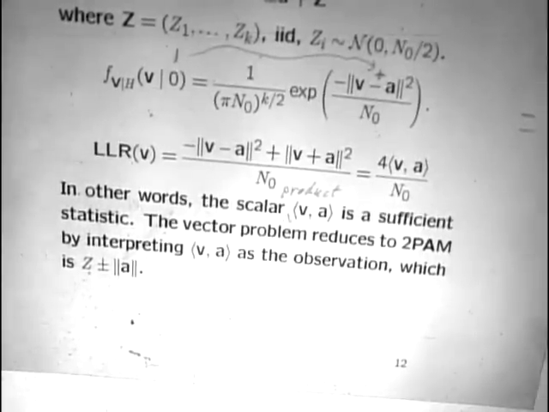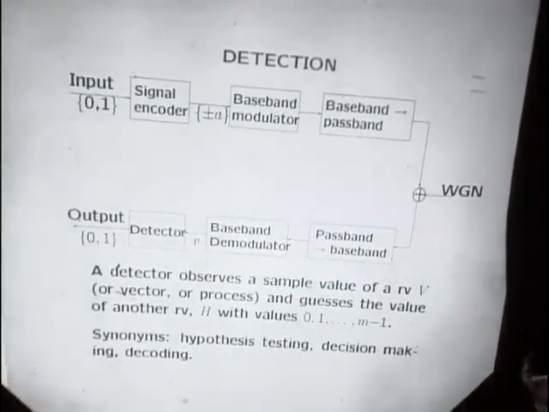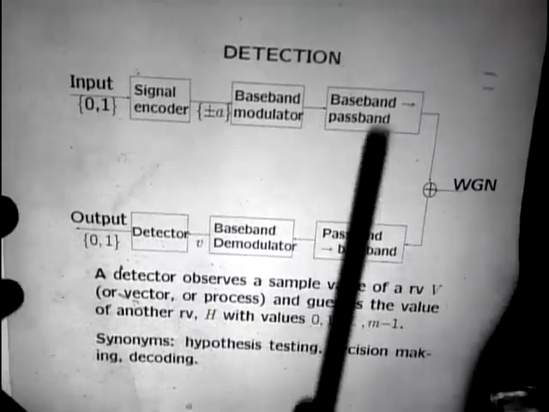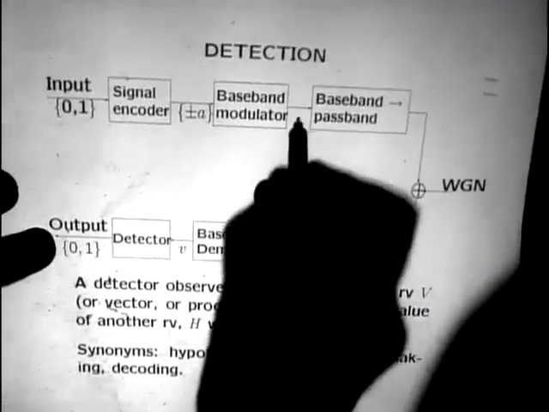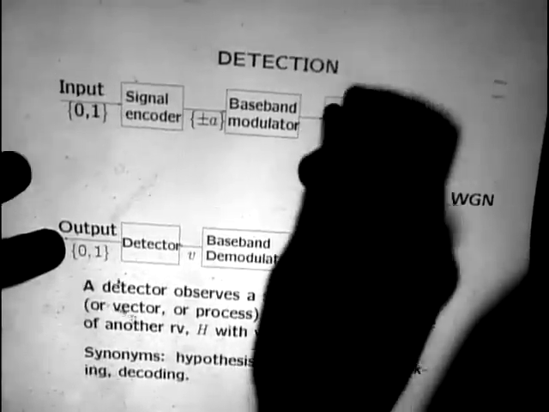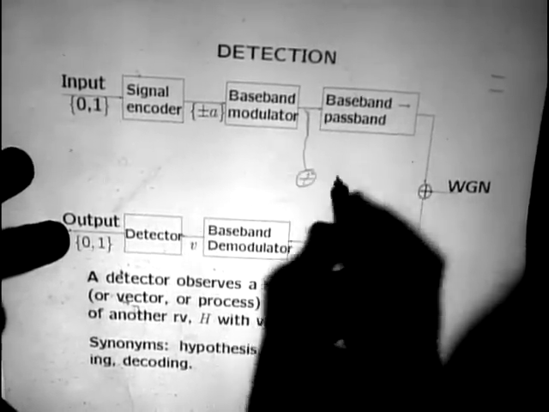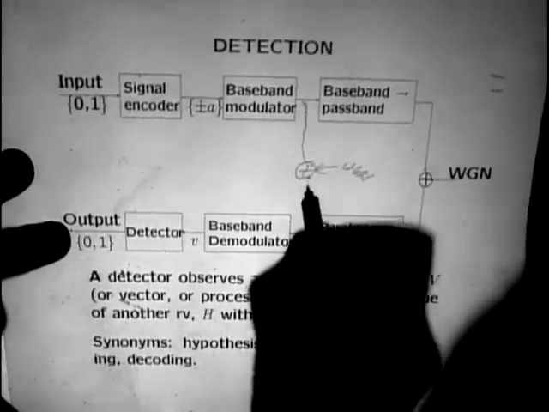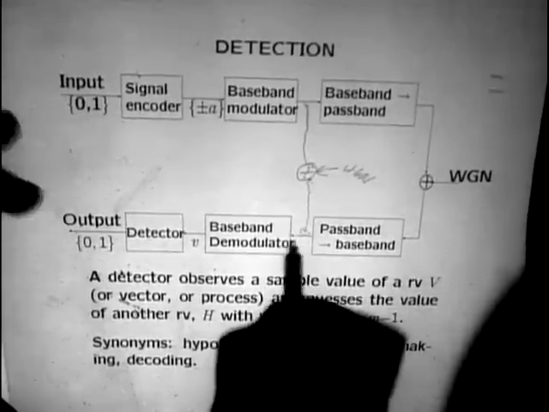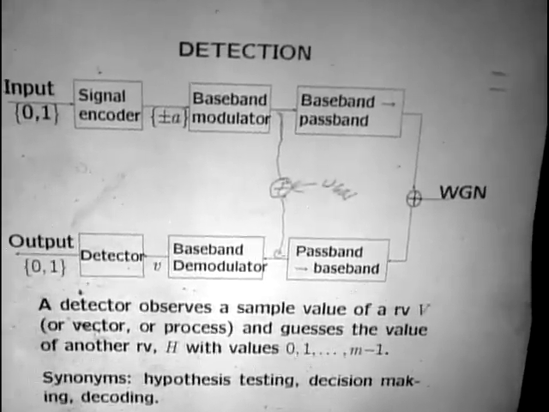Now, let's go back and look at what all of this was doing. And for now, let's forget about the baseband to passband business. Let's just look at this part here, because it's a little easier to see this first. So this comes in here. Now remember what we were saying when we studied Nyquist.